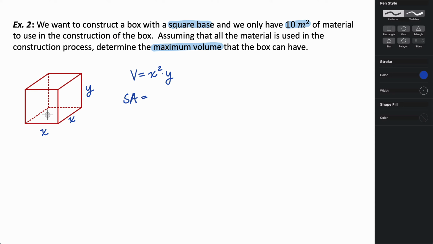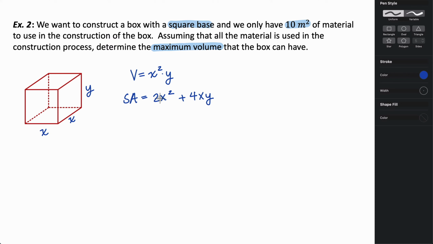So on this box, we have the bottom and the top. Those have the same area, and those are x squared. So we have 2 faces of that. And then all of the sides of the box have the same area as well. And those are all x times y, so base times height. And so we have 4 of those faces. So it's going to be plus 4xy.